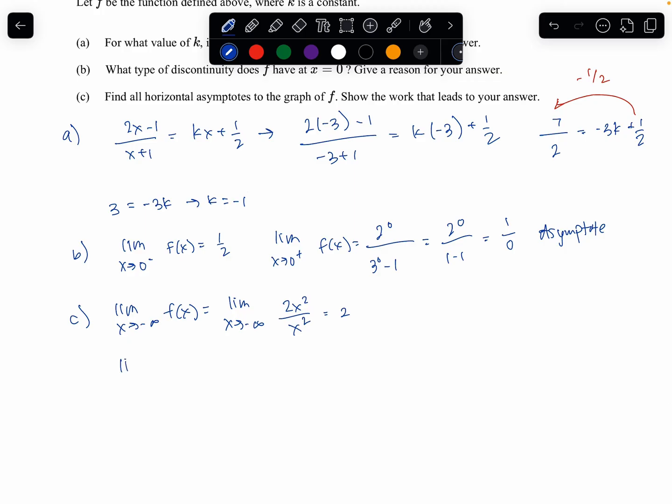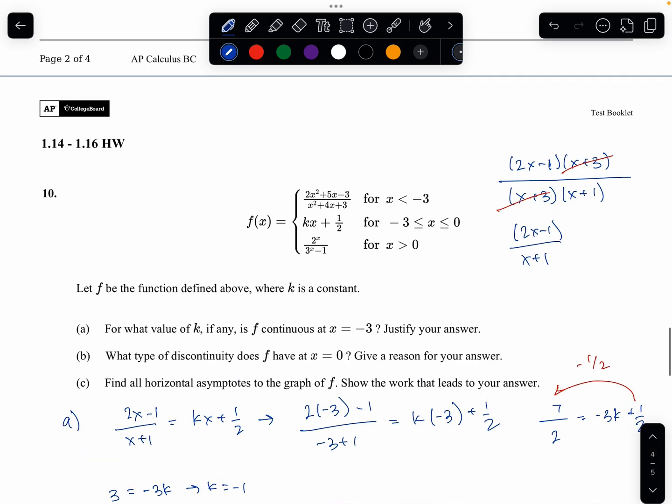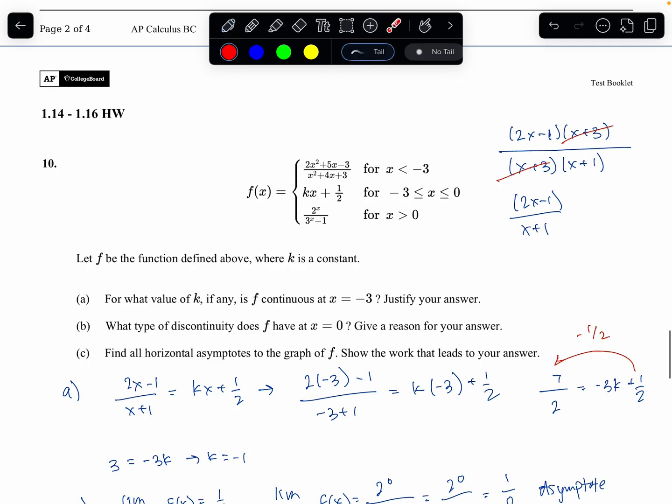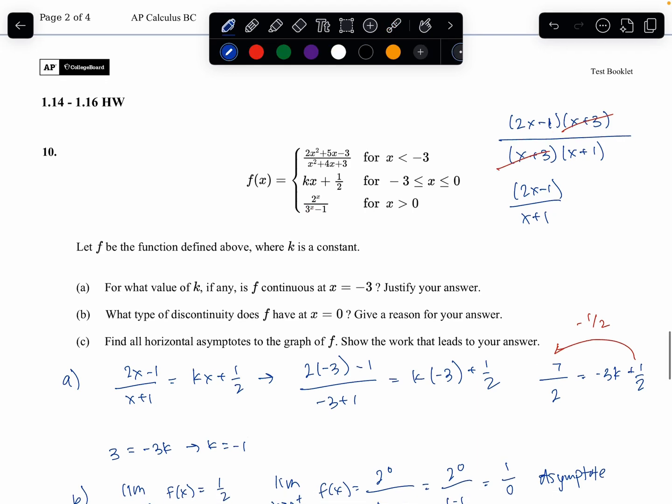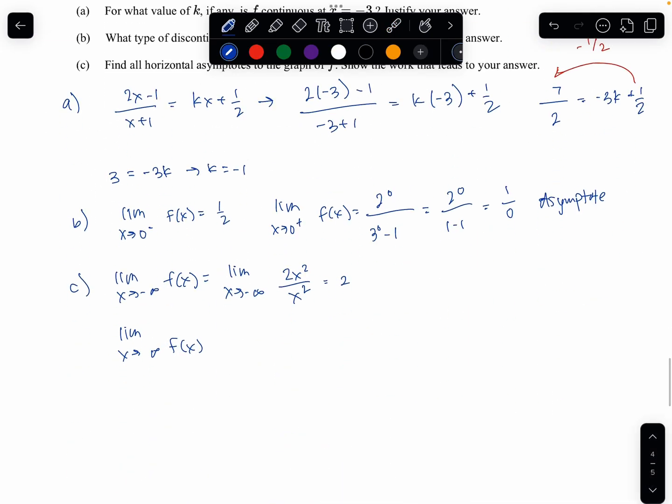All right, and then let's do the limit as x approaches positive infinity of f of x. So then I'm going to look here. I'm not going to worry about this at infinity because that's not going to matter. So let's think about 2 to the x.